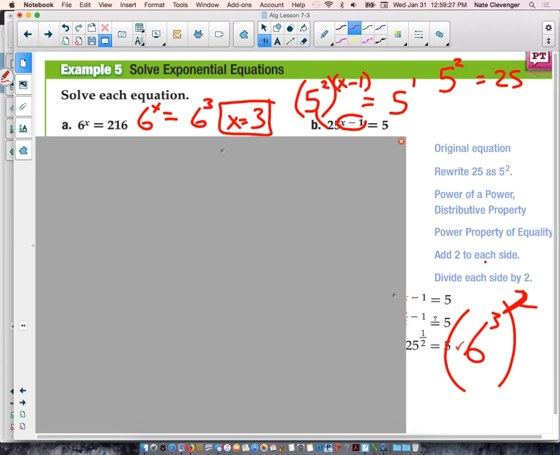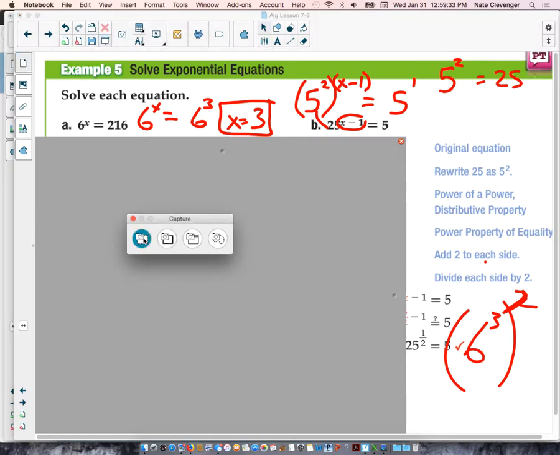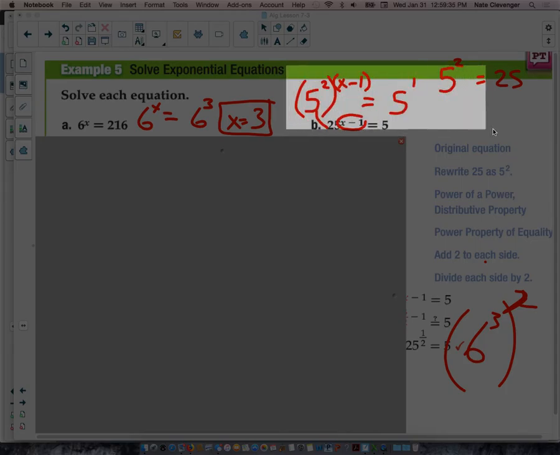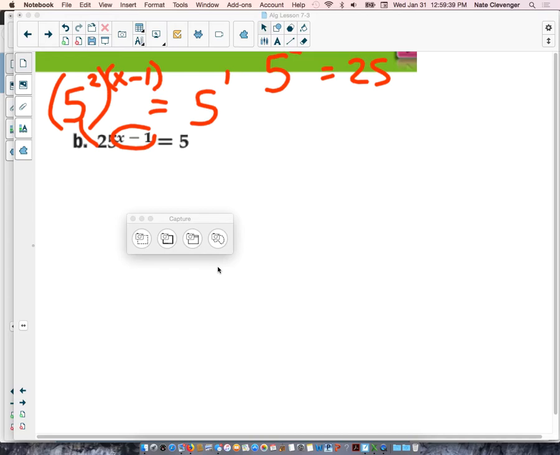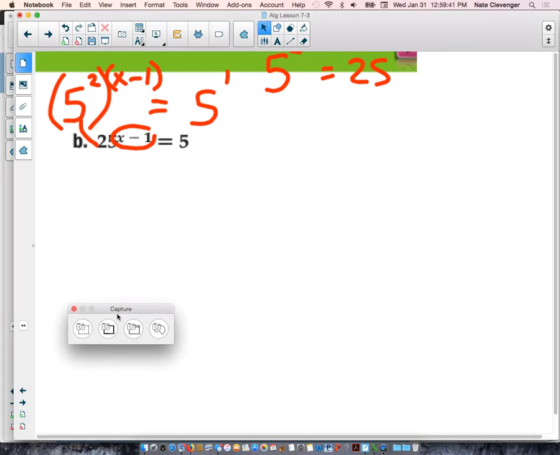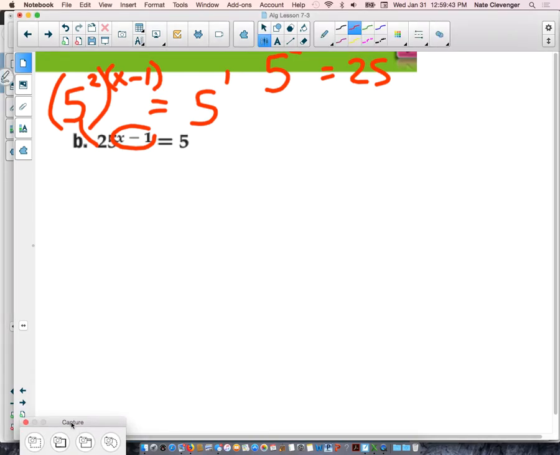So this I can rewrite. It's 2 times x minus 1, isn't it? Isn't that what we'd have to do with that?